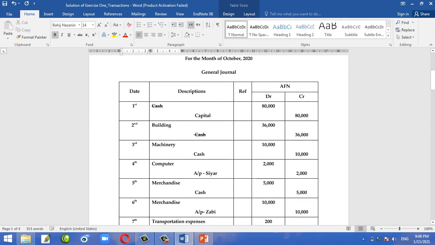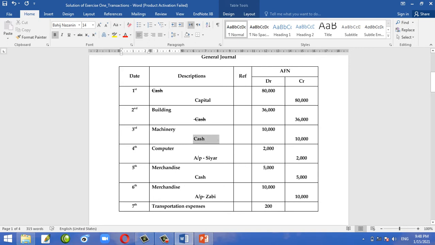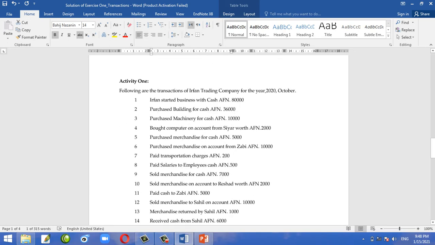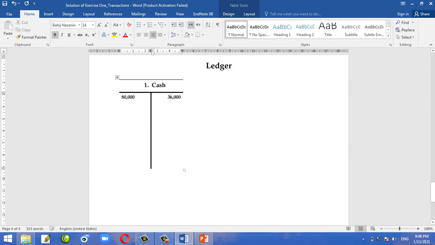Now if you come to the third one, we have cash. Yes, we have cash as credit. How much? 10,000 Afghanis. I will write 10,000 Afghanis in credit side.